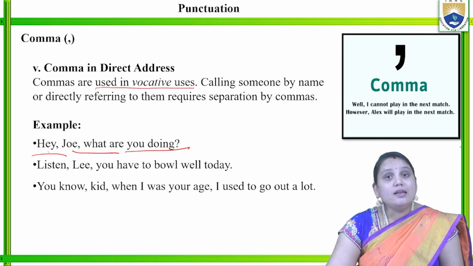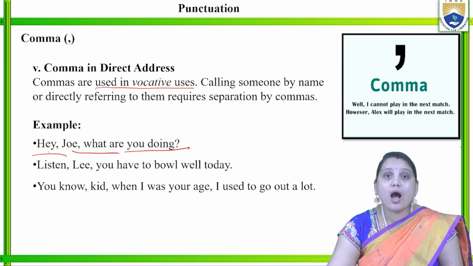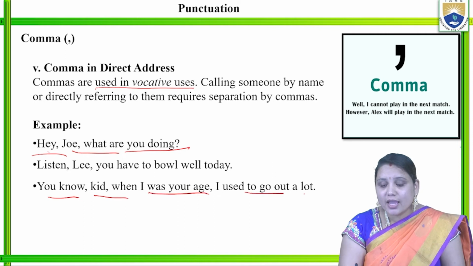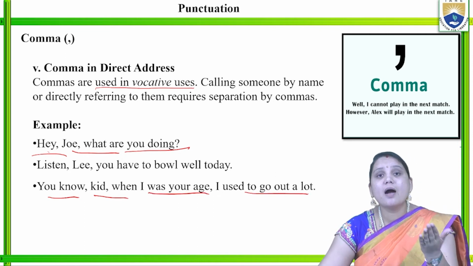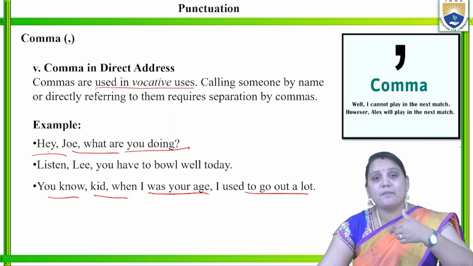Isn't it? Listen, Lee, you have to bowl well today. You know, kid, when I was your age, I used to go out a lot. See the difference in giving pauses while you are taking a breath in between the lines to segregate the meaning.